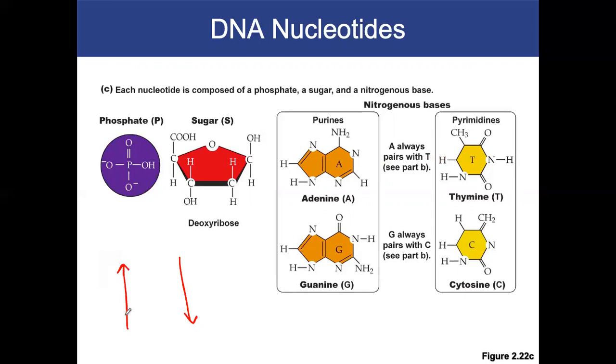Then you have your A, and the complement to A is thymine. How do we know it's adenine and thymine together? They have 2 hydrogen bonds. Then let's say the next nucleotide was a G, guanine. What is the complement to that? Guanine always binds with cytosine, and they have 3 hydrogen bonds together. Okay.